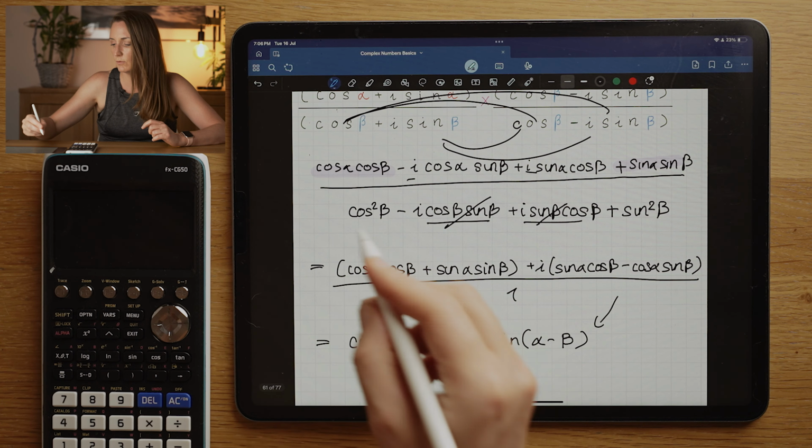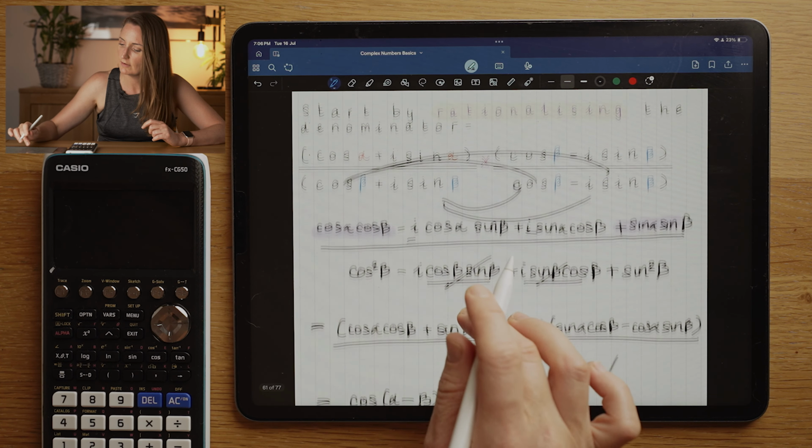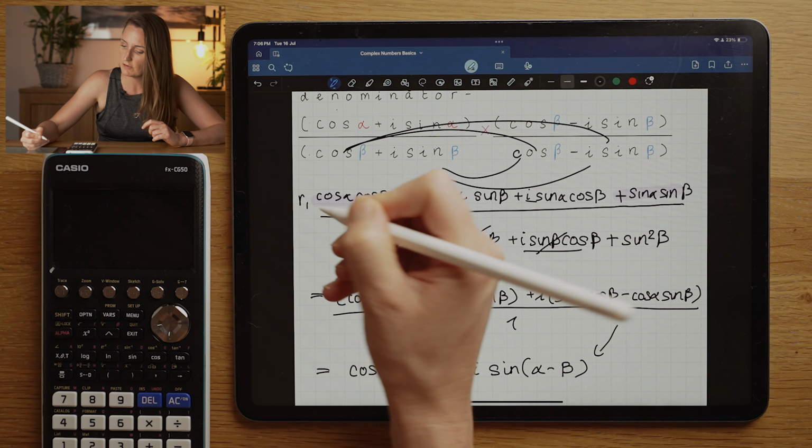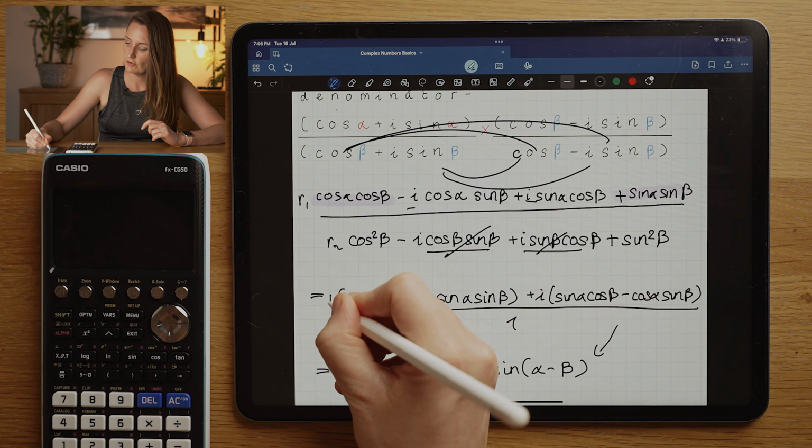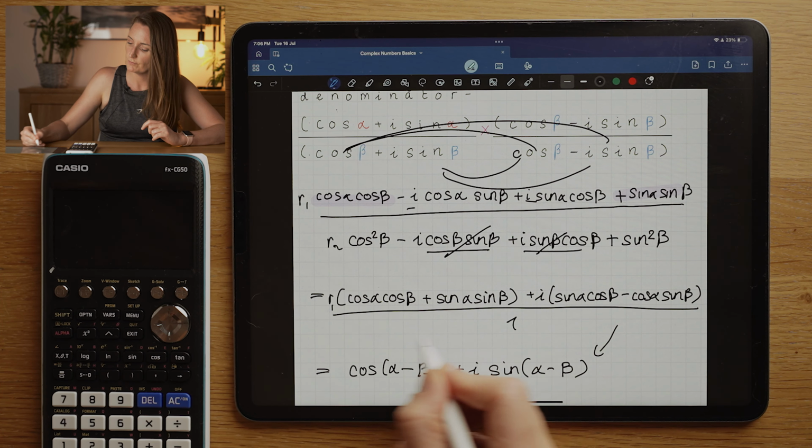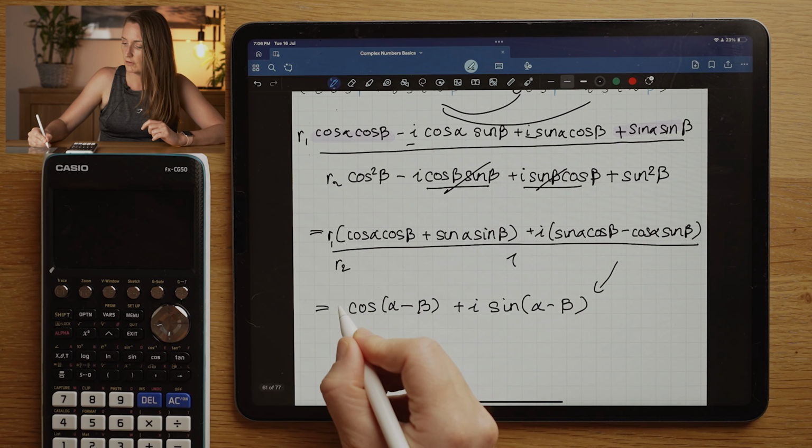And that, oh, I have actually lost my r's. So this was r1 divided by r2, r1 divided by r2. So we're going to pull those up front.